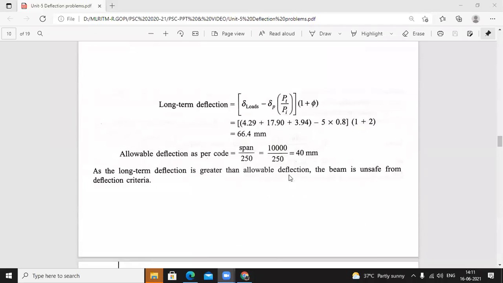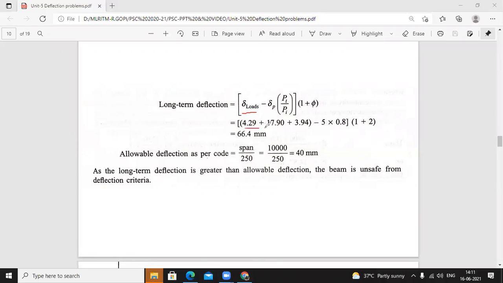So for long-term deflection, we have one formula. We already saw one formula. What is that formula? It is deflection due to all loads minus delta P, deflection due to pre-stressing force, into loss ratio into 1 plus pi. What is the deflection due to all loads?